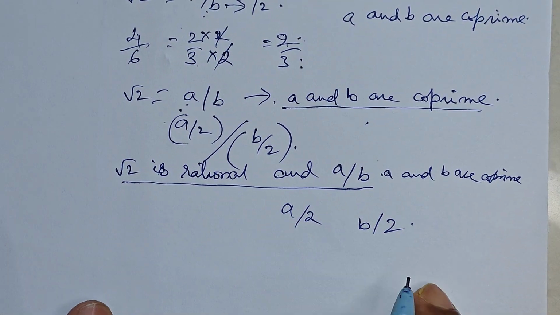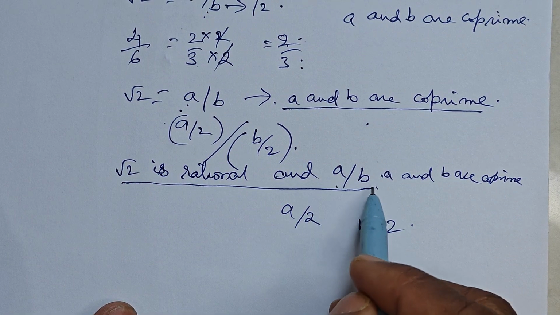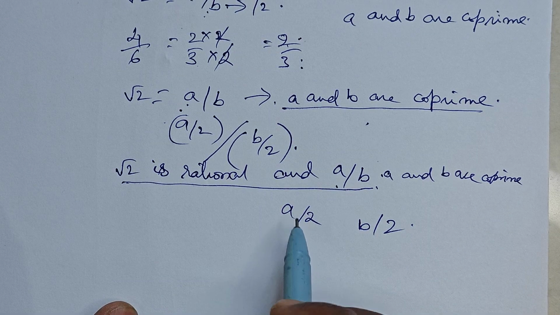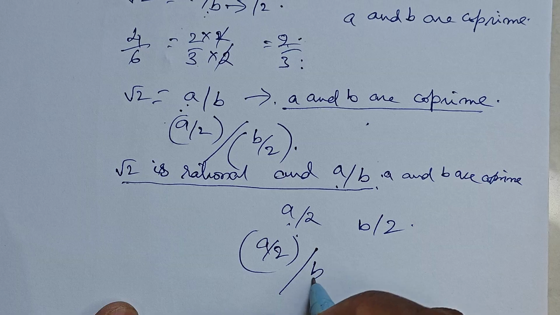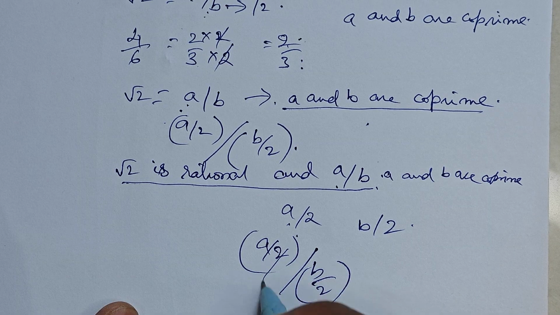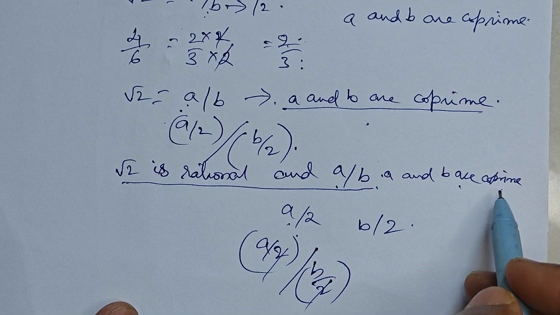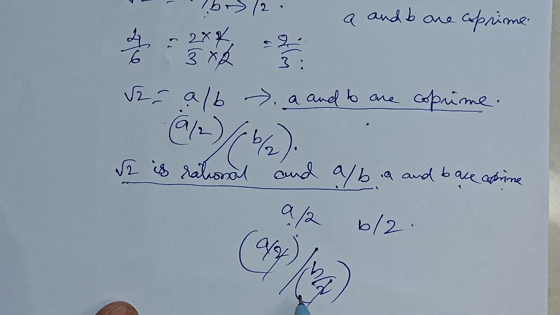So this contradicts because a and b have no common factor. But here a is divisible by 2, which means you can write a as a by 2, b as b by 2, so this gets cancelled. That means there is something still common left. But a and b are co-prime; they don't have any common factor when you assumed, but you are getting something common present.